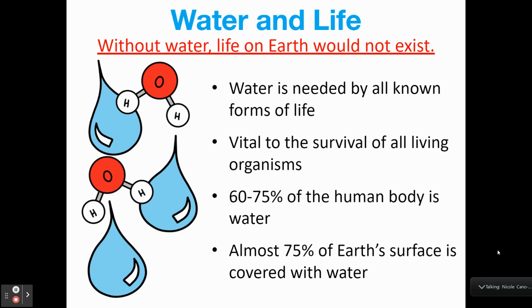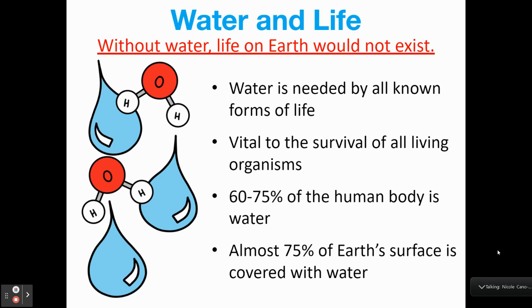Your body, my body, the human body is about 60 to 75% water. That is why oftentimes your coaches, your parents, your teachers, the adults in your life are always telling you make sure you stay hydrated, make sure you drink water. Literally your body does not function without it.